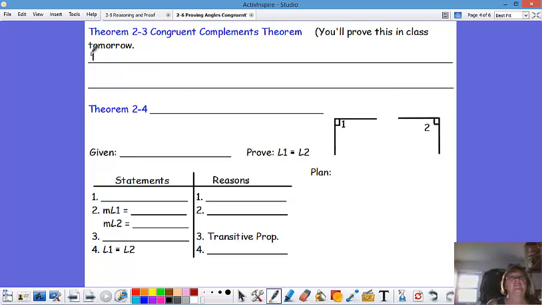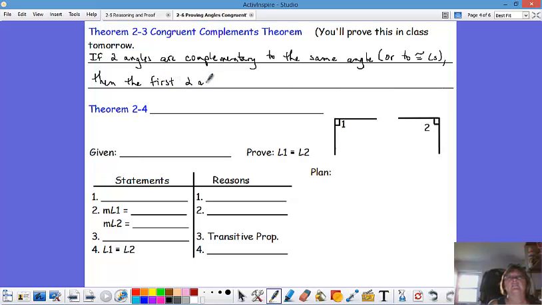It says, if two angles are complementary to the same angle, or just like in the previous theorem, two congruent angles, then the first two angles are congruent.